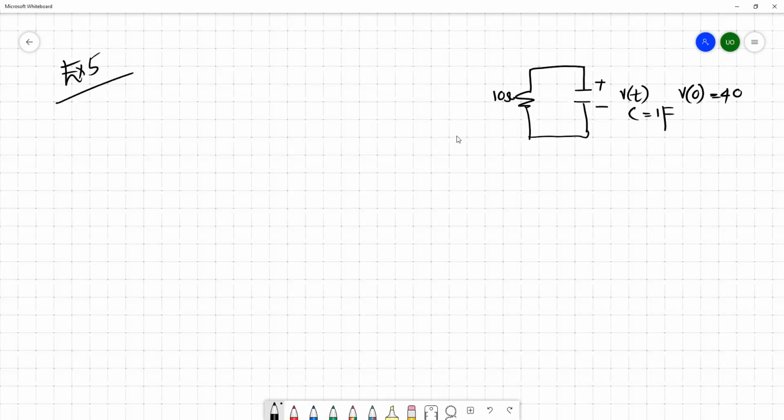If you apply Kirchhoff's current law, we found that for this particular circuit the RC product would be 10, since you have a 10 ohm resistor and a 1 farad capacitor.